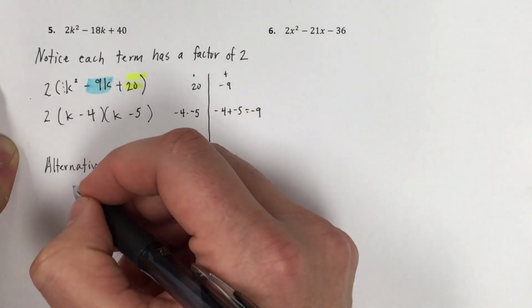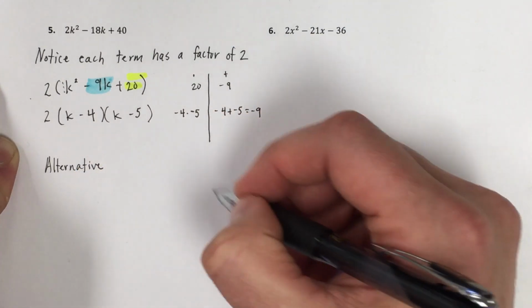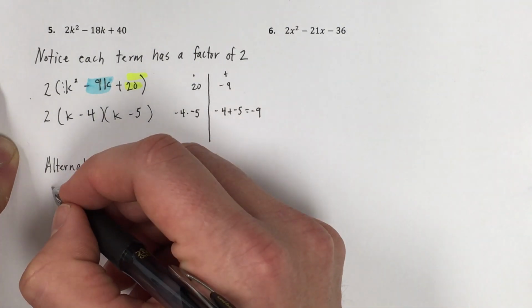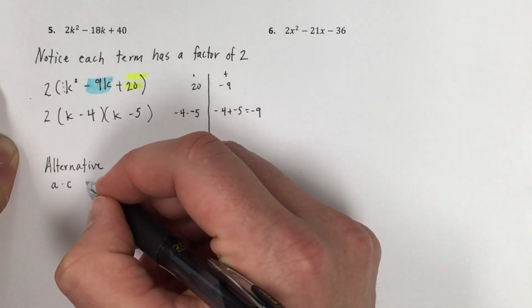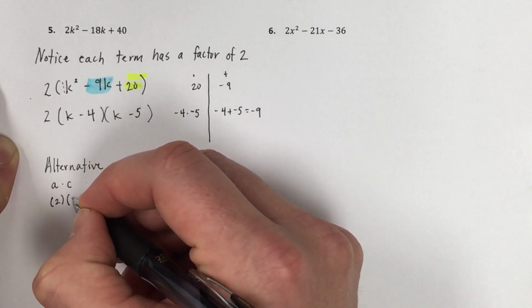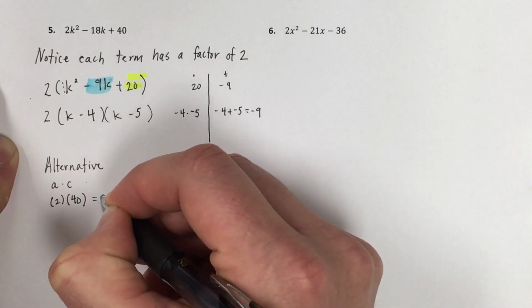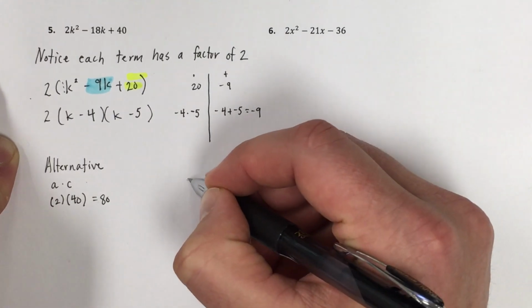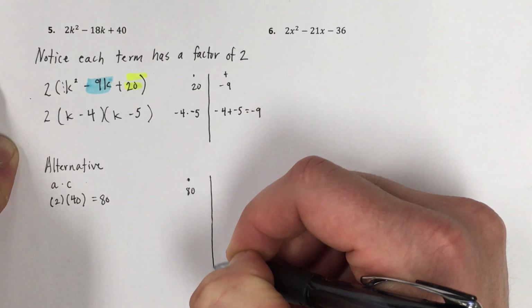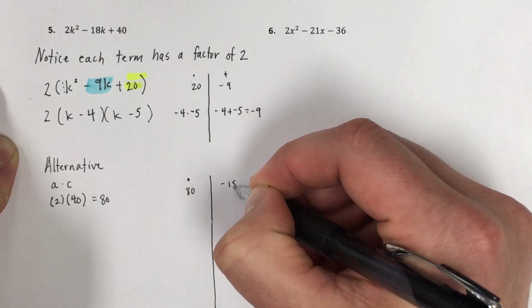So an alternative is still going through, but looking at factors of 80. So I'm going to multiply the a times the c, which is 2 for a, and c is positive 40, which gives me 80. So what are the factors of 80 that add up to negative 18?